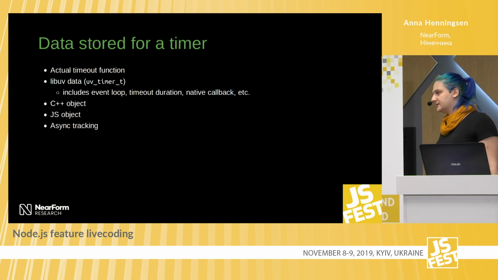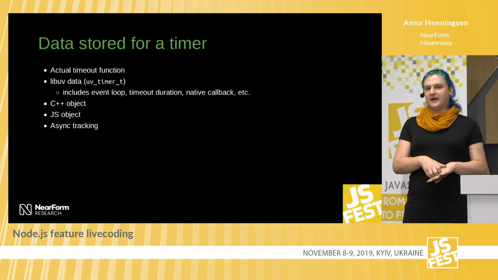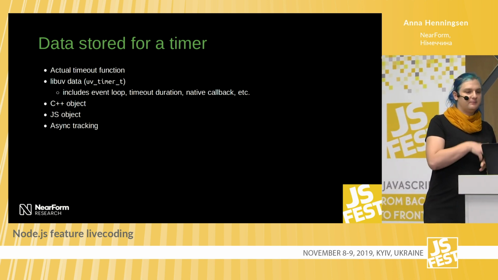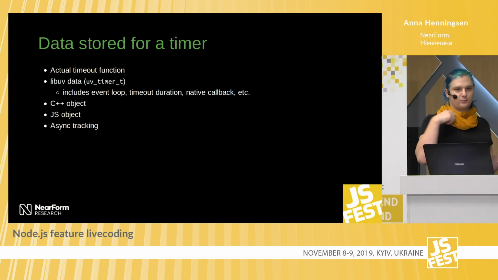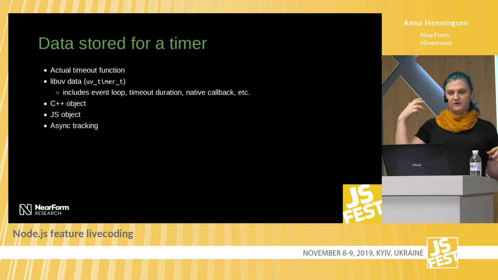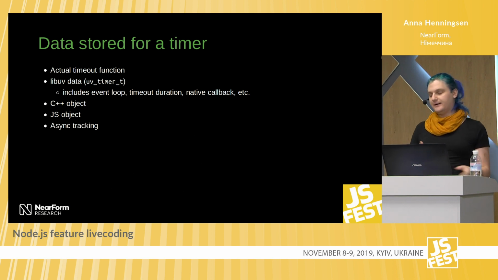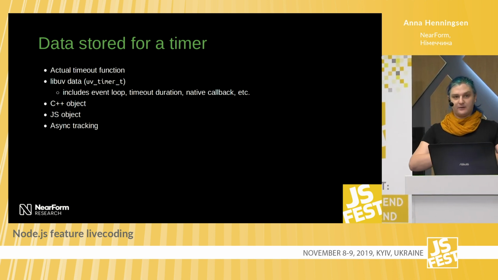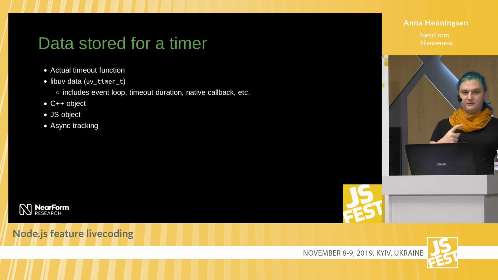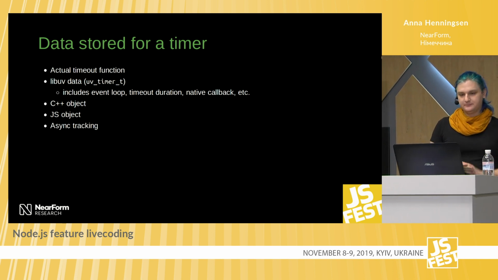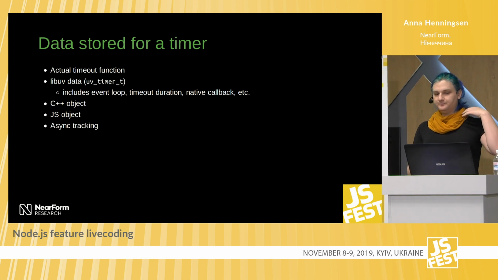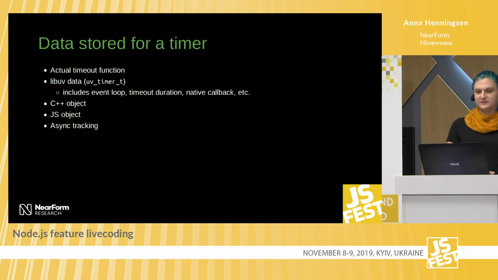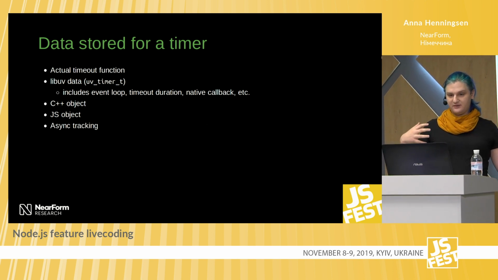Okay. So if we want to implement setTimeout, it makes sense to start thinking about what data we actually need to store for a timer. We need to store the function that was passed to setTimeout from the user. That is a JavaScript function, so we need a JavaScript object associated with this.